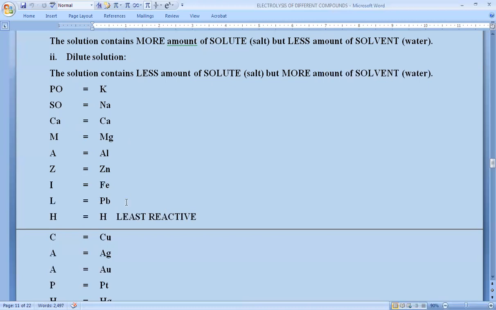So iron, lead, and copper can be reduced by using carbon, but copper can also be reduced by using hydrogen gas.